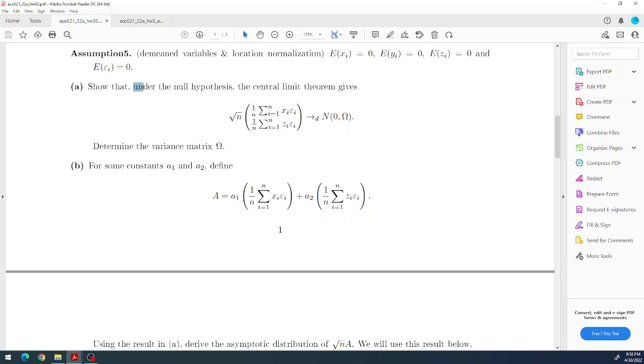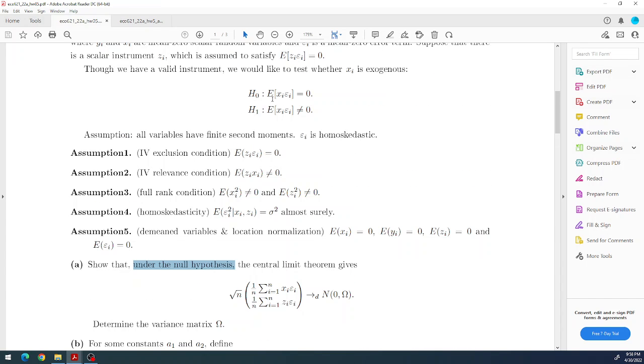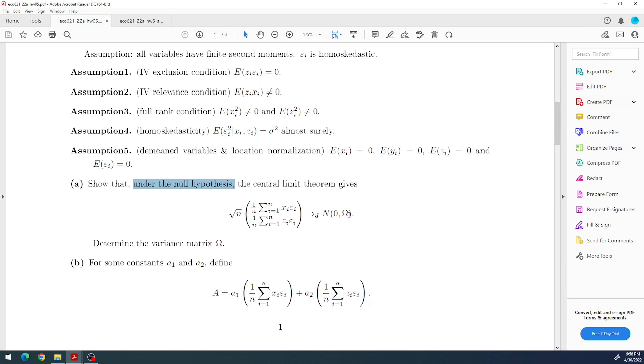But remember, under the null hypothesis, this can be important in some cases. So under the null hypothesis means the expectation of x epsilon is also 0. So its expectation is hidden here. It's 0, and z epsilon is always 0. So the mean minus mean is hidden because they are 0. Otherwise, it's pretty straightforward.